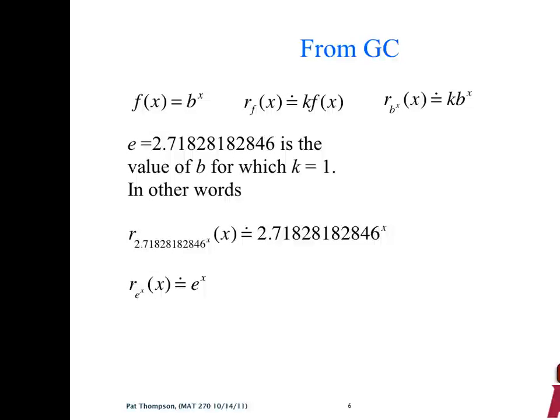So the rate function of e to the x is just e to the x. If b is e, then the derivative d/dx is e to the x. That's right. If the base is e, then the derivative is the same function as the original exponential function. Okay?